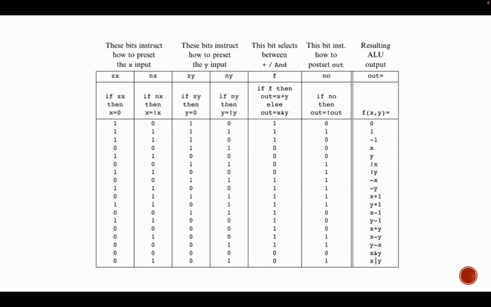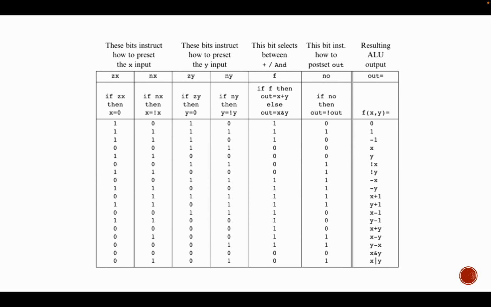First of all, you might have seen this in class: the ALU truth table. We've got ZX, NX, ZY, NY, F, NO, and the output. These are the bits that determine the result of the ALU.